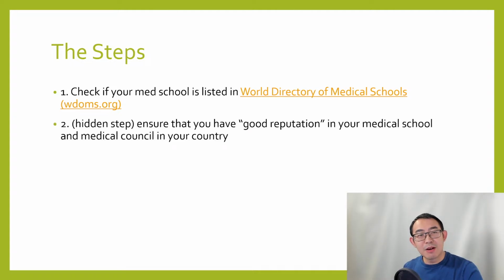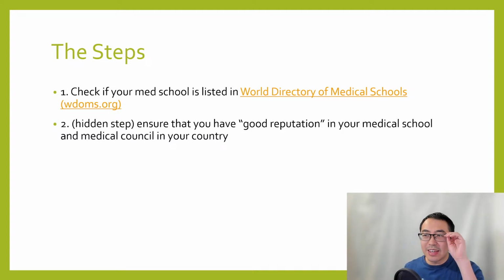Okay. Now the second step is the hidden step. I didn't mention this in my step-by-step guide in my YouTube video last week, which is to make sure that you have a good reputation with your medical school and medical council. Why? It's simple actually. When you go to the ECFMG six pathways, if you go to pathway 1, you need to have a letter of good standing.